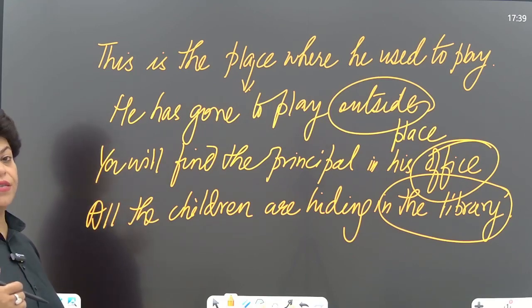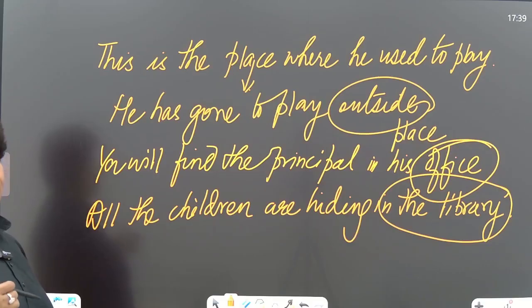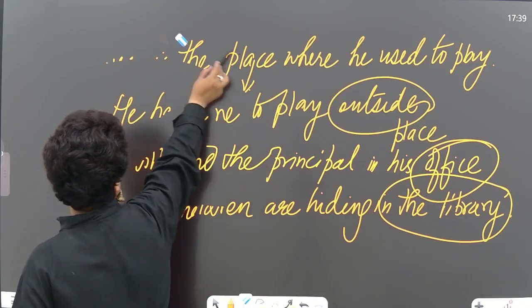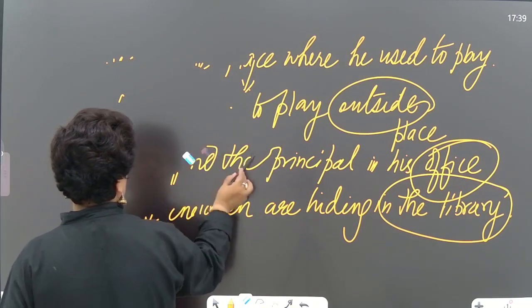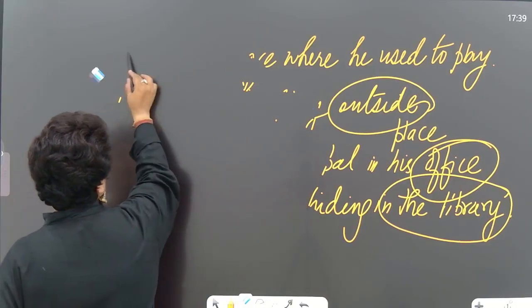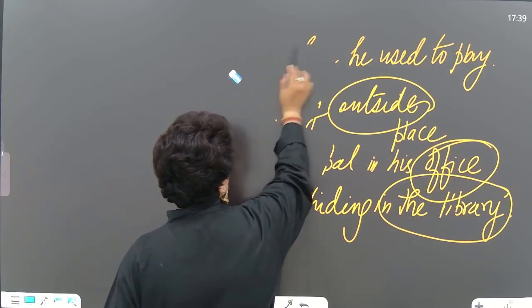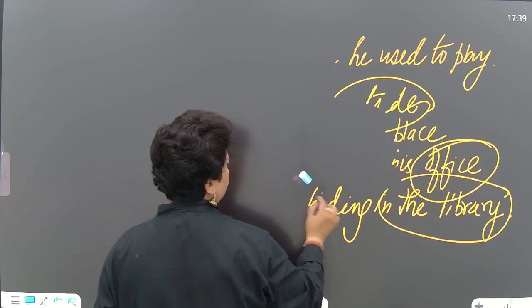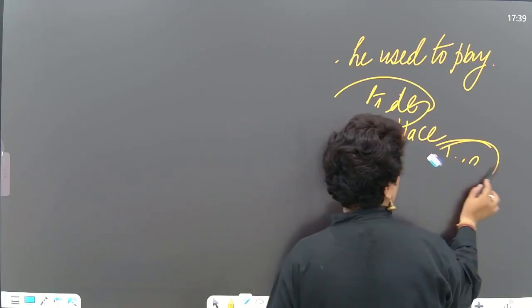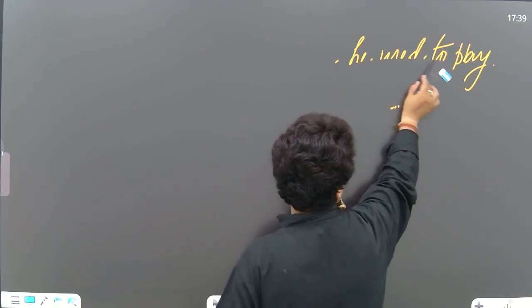So these all places are indicating the place, hence adverb clause of place. Now, when we talk about this thing, automatically you will get an idea. When we talk about a place, it is called adverb clause of place, right?